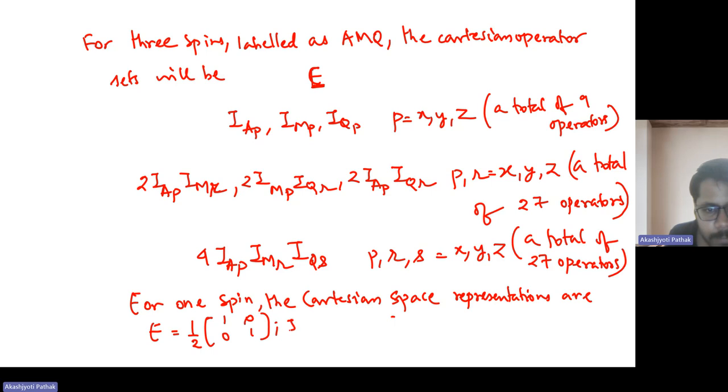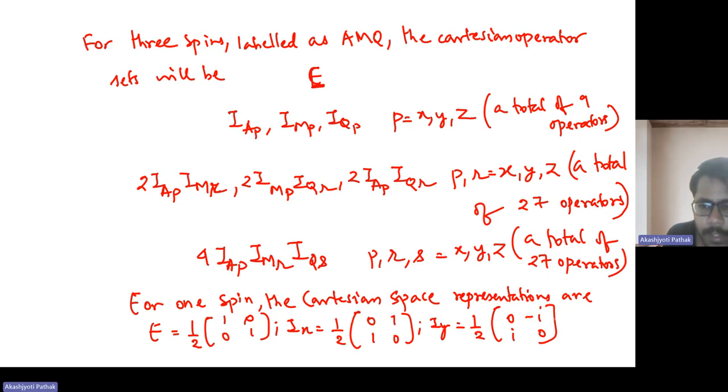Ix is equal to half 0 1 and 1 0. Iy is equal to half 0 minus i and i 0. And Iz becomes equal to half 1 0 and 0 minus 1.